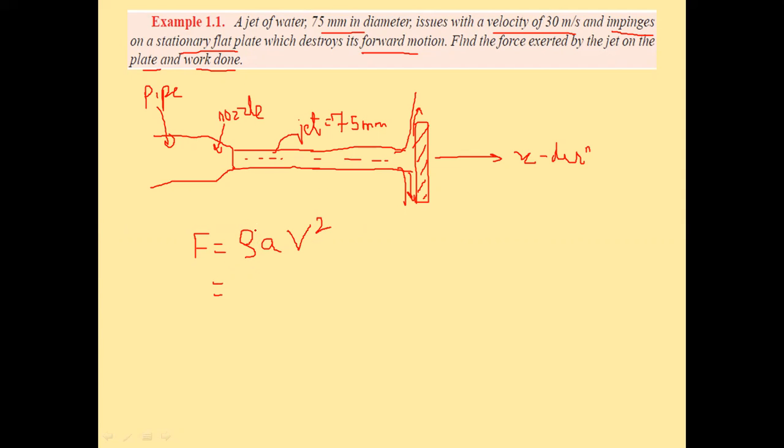Now, the density of water. What is the value of mass density of water? 1000 kg.